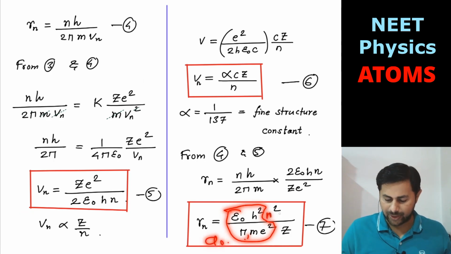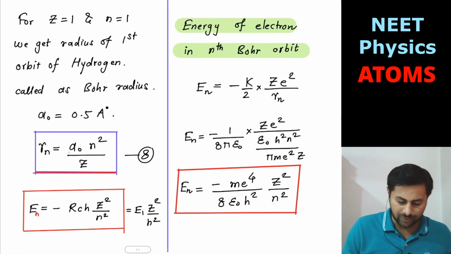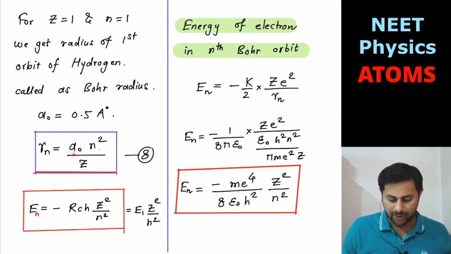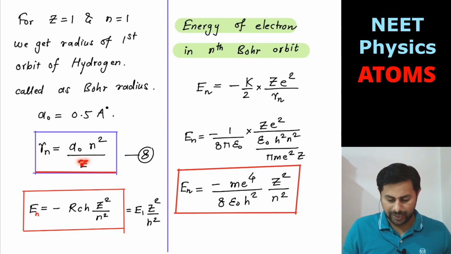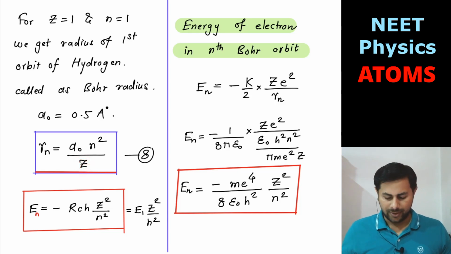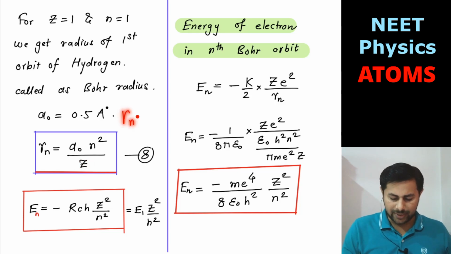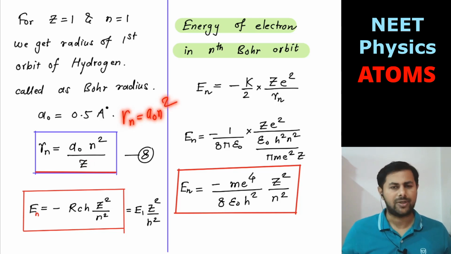What remains is a naught times n square by z. Okay, so you get Rn is equal to a naught times n square by z. So this is the radius of electron in nth orbit of an alkali atom having atomic number z, right? If you want it for hydrogen atom only, Rn is just equal to a naught times n square.